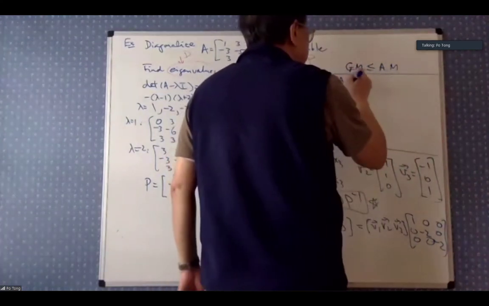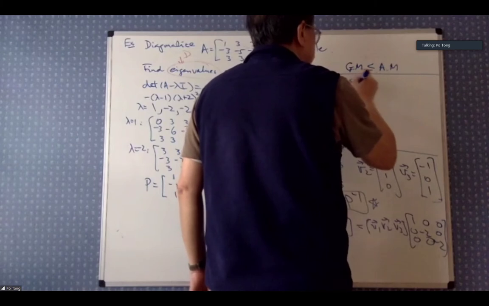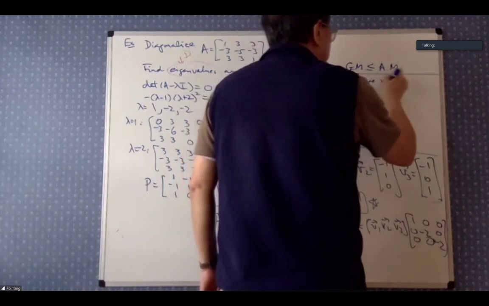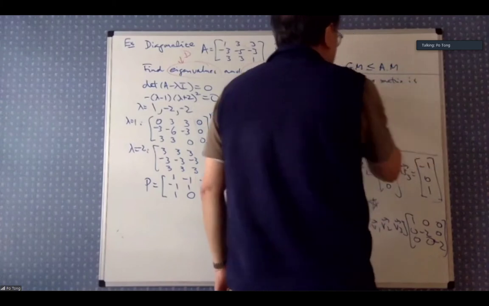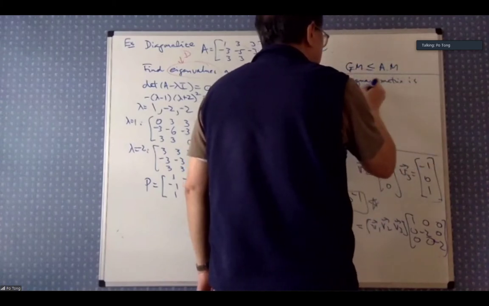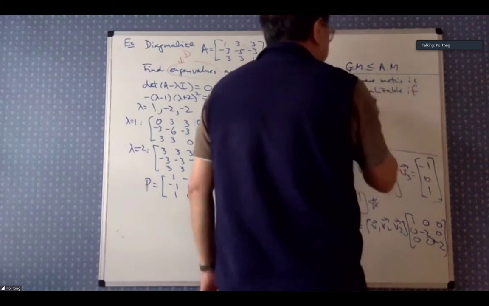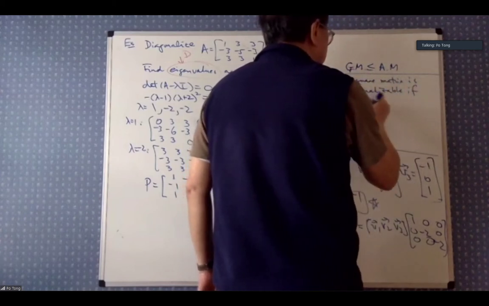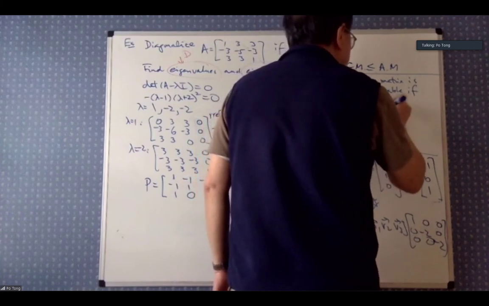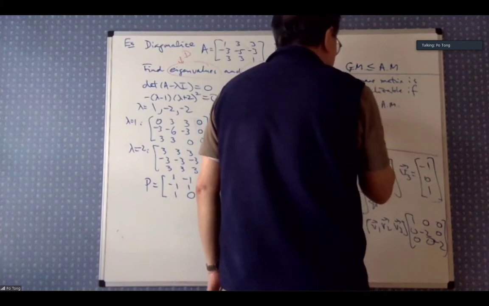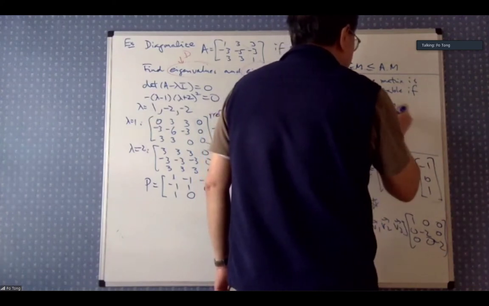A square matrix is diagonalizable if the geometric multiplicity is equal to the algebraic multiplicity for all eigenvalues.